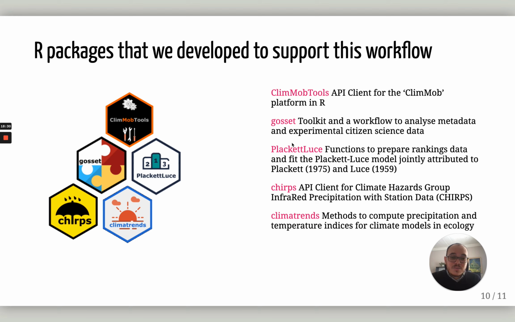The PlackettLuce package provides all the functions and model fits for the Plackett-Luce model that we use in this analysis. And the packages chirps and climatrends are the ones that we use to produce the environmental indices, to combine the rankings with the environmental characteristics of the on-farm trials.